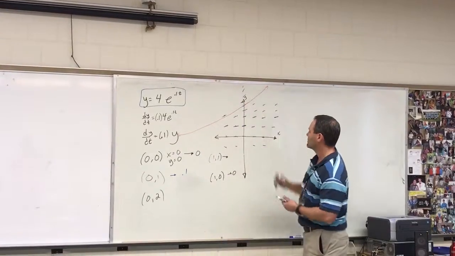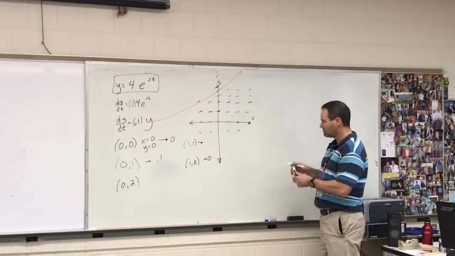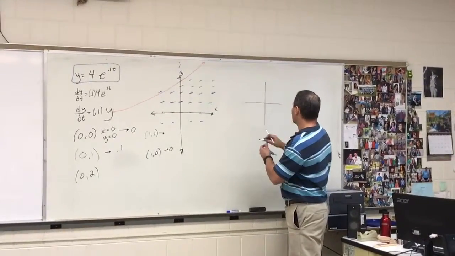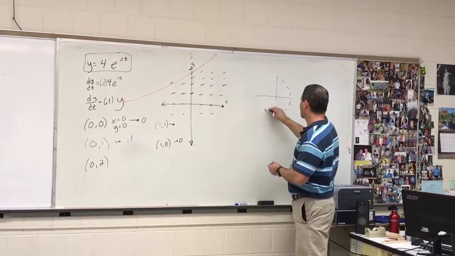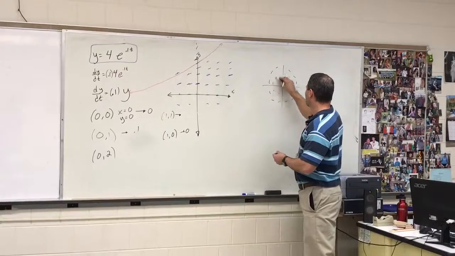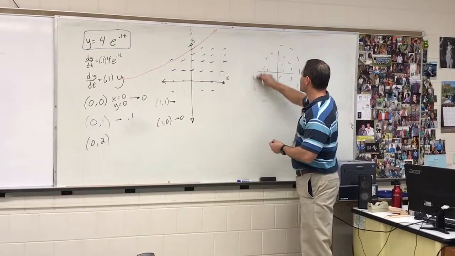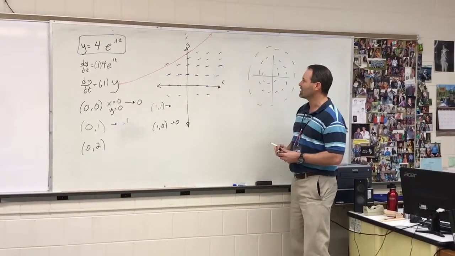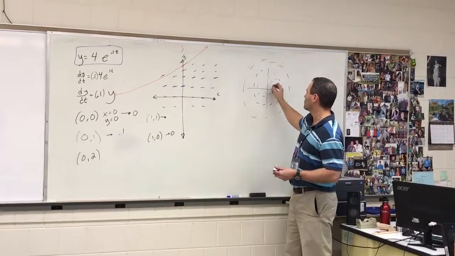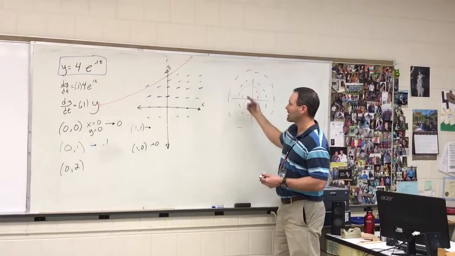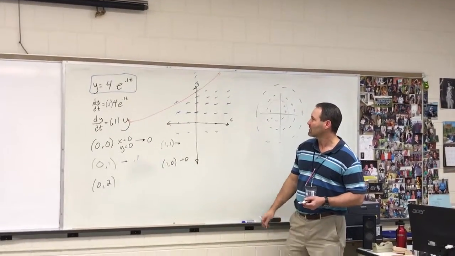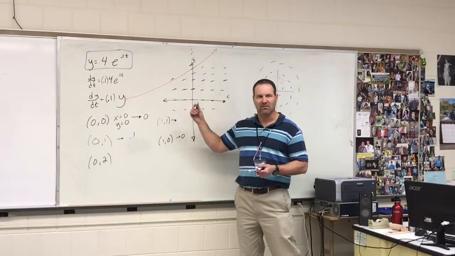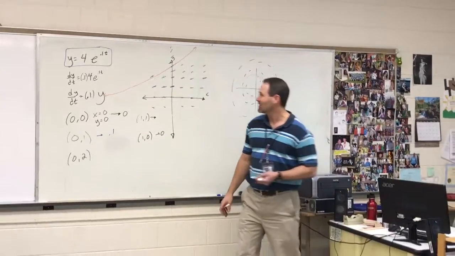So if you had a slope field that looks like this, that'll tell you the slope at any given point. It looks like the original would be a circle because it fits the tendencies of the slope field.